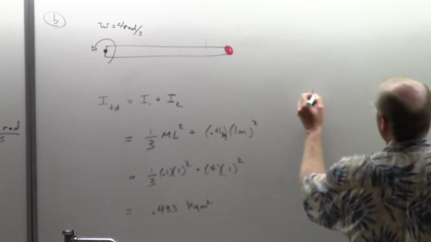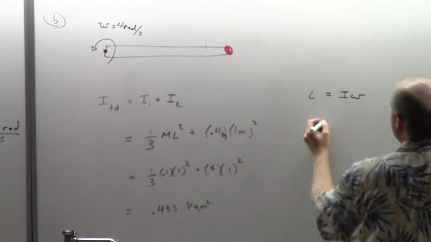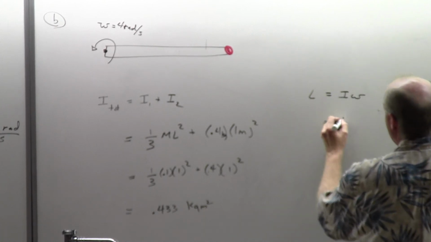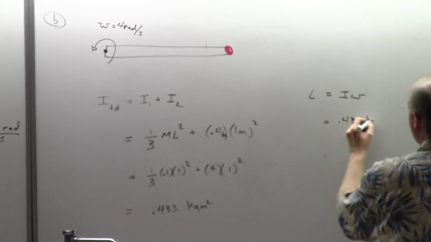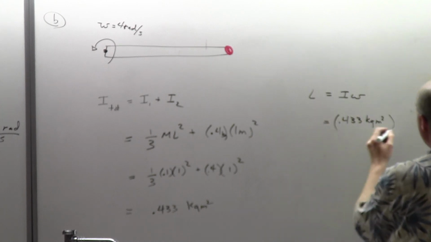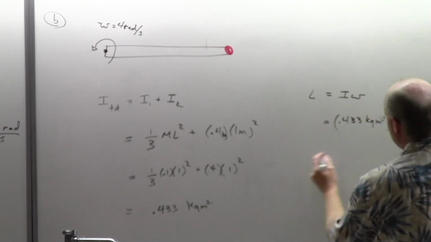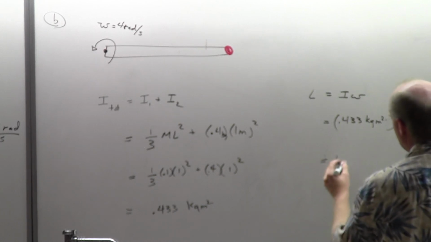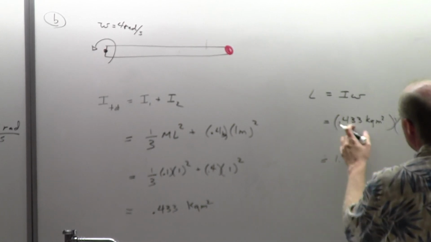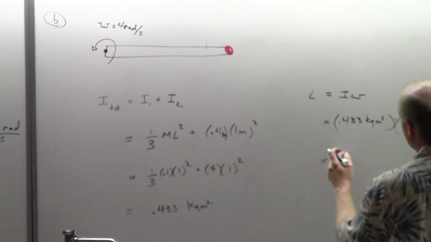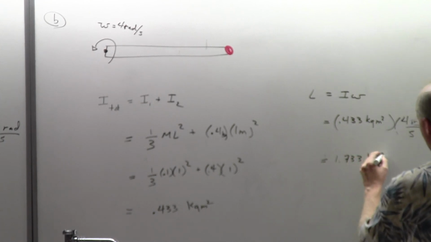And then so the angular momentum would then be the 0.433 kilogram meters squared, and then the 4 radians per second, and so that should be 4 more. So what's that? A 1733, something like that, if I did my math right quickly.